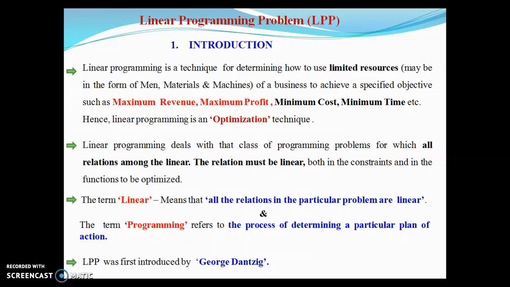Hence, such type of problem is called a linear programming problem or optimization technique. Optimization means either minimize or maximize. And here limited resources means in the manufacturing industry there are a lot of machines and a number of workers.